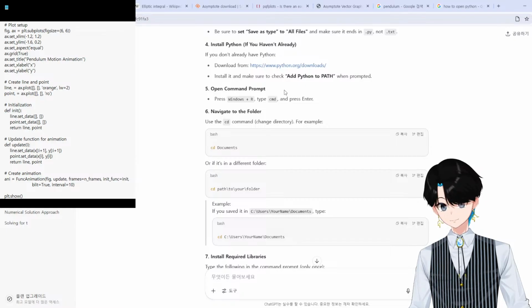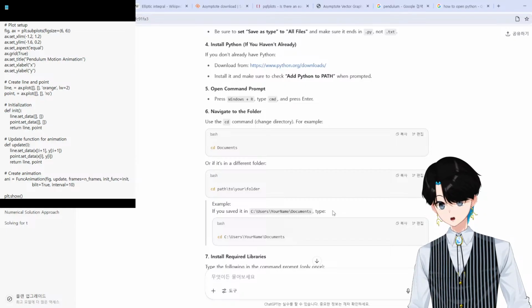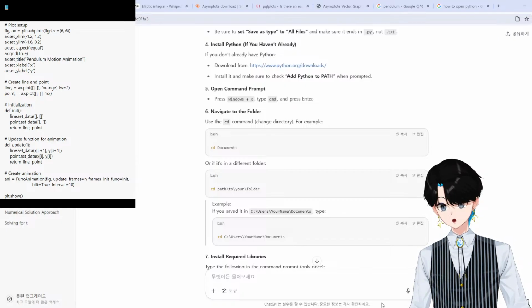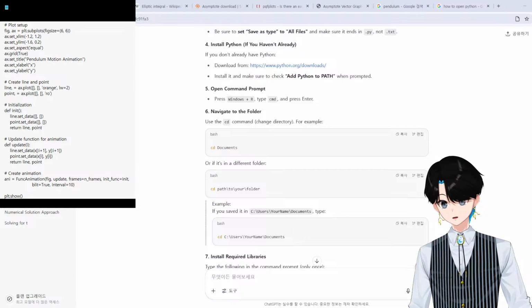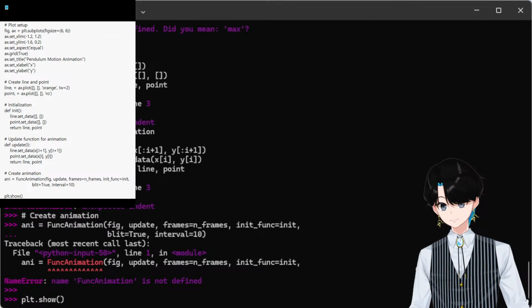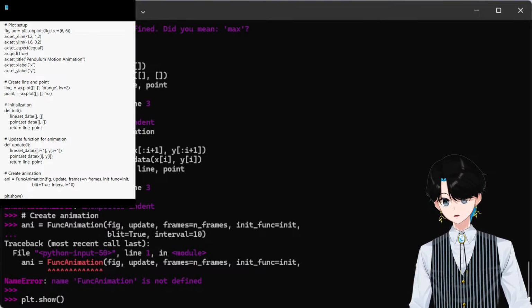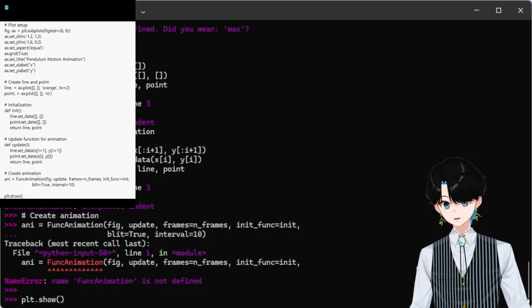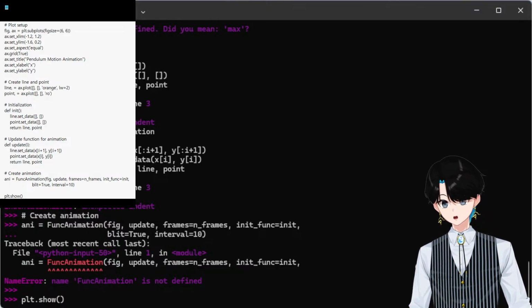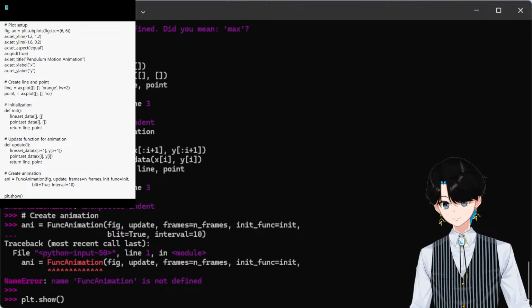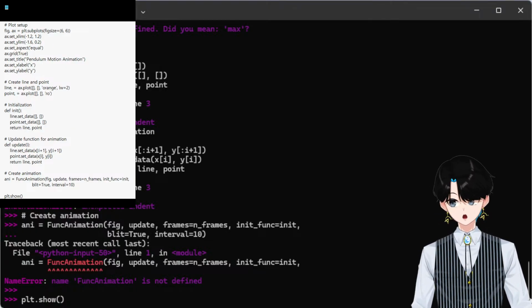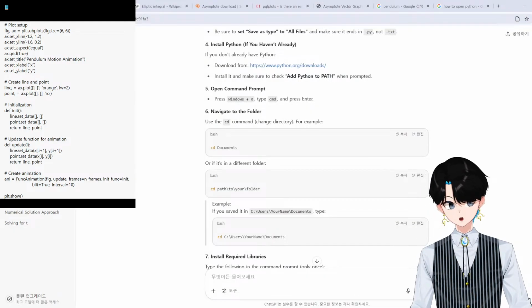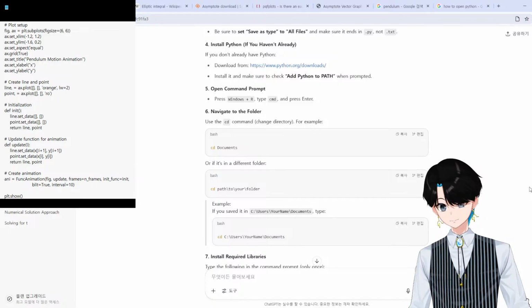Open command prompt. Press Windows R. Type CMD and press Enter, and we have the command prompt right here. Okay. Navigate to the folder. Use the cd command, change directory. My hand is so busy right now.